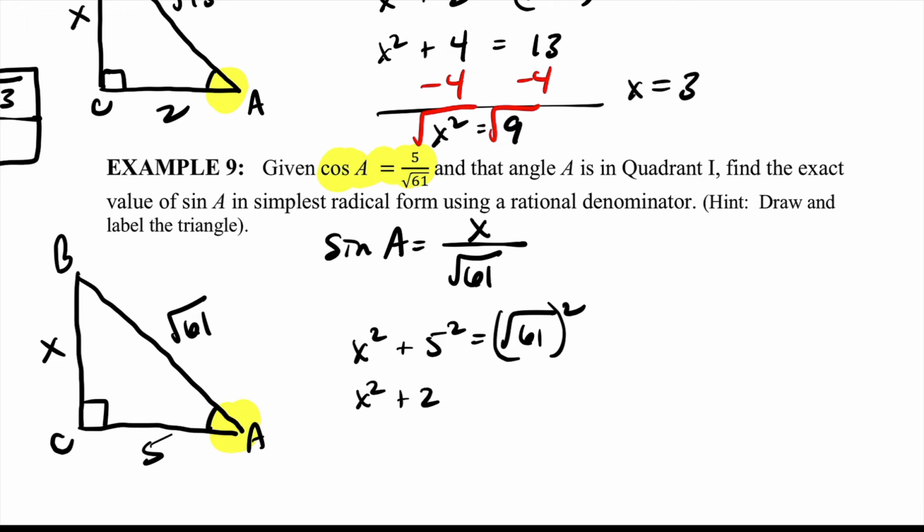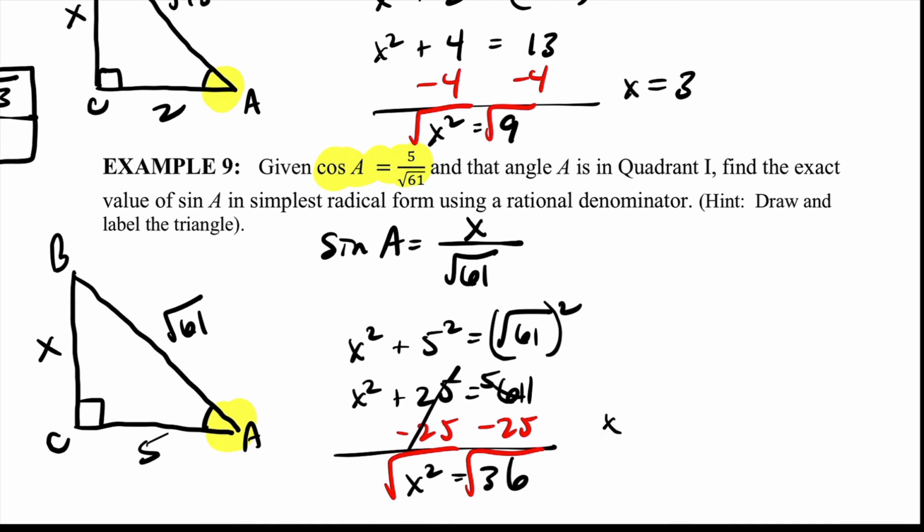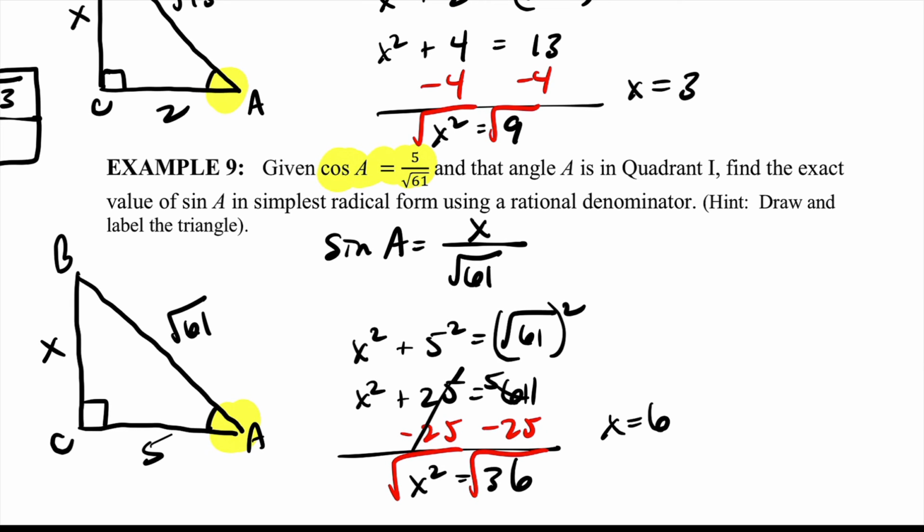So x squared plus 25 equals 61. Subtract 25, and I get 36. Square root of 36 is a nice clean number, yeah. So let's go change x with 6.